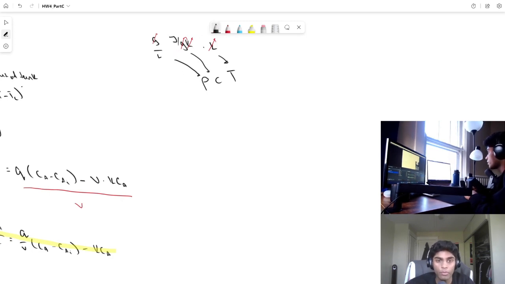So the last thing we want to multiply by is volume. Volume is liters. We cancel out liter terms. And what we are left with is our joules.